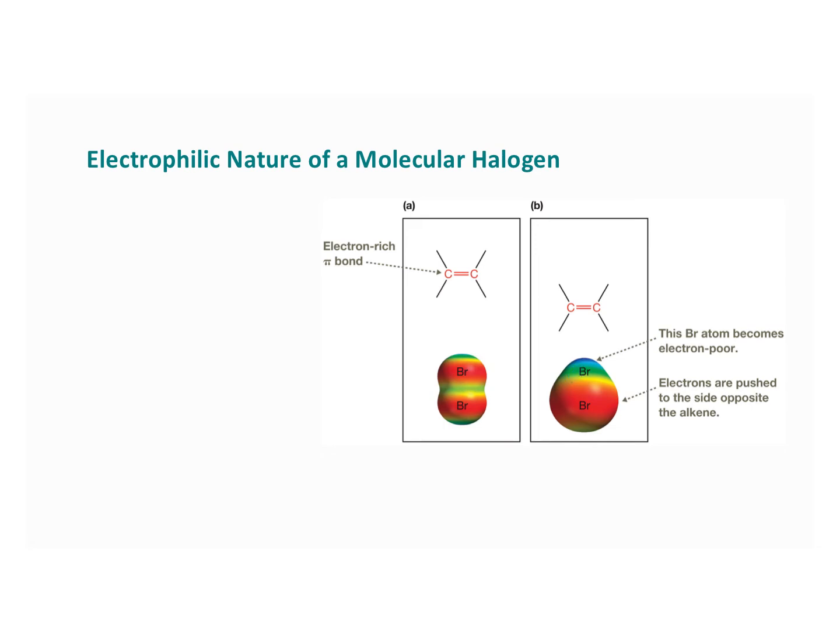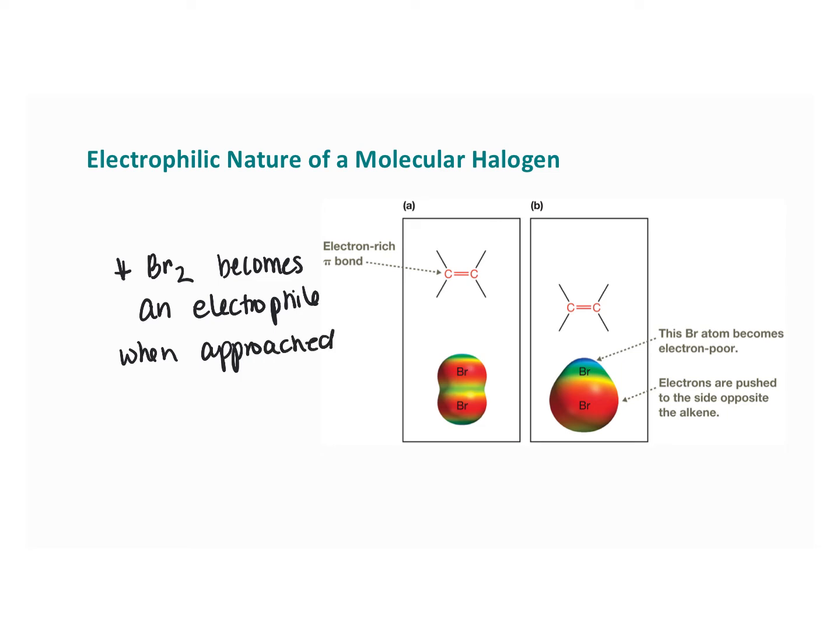So that means that Br2 becomes an electrophile when approached by the pi bond, because that pi bond is really electron rich, and so it's going to force all those electrons to the other side.